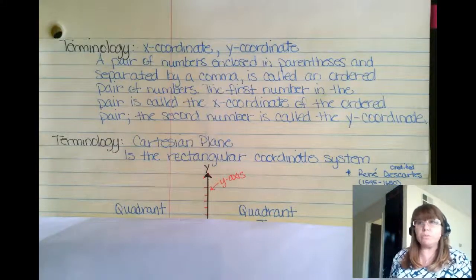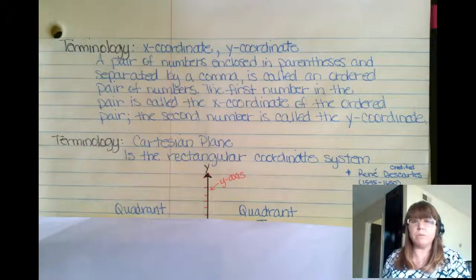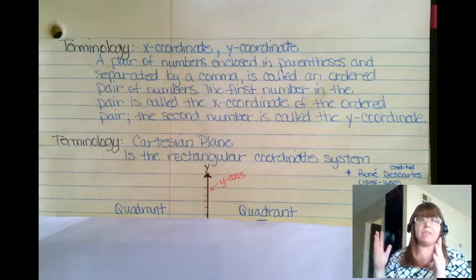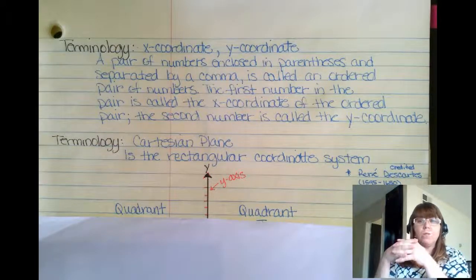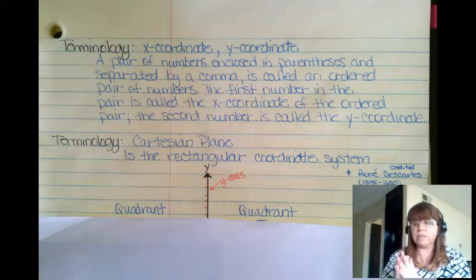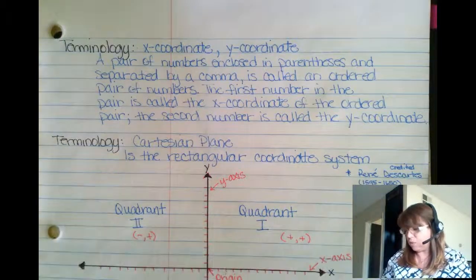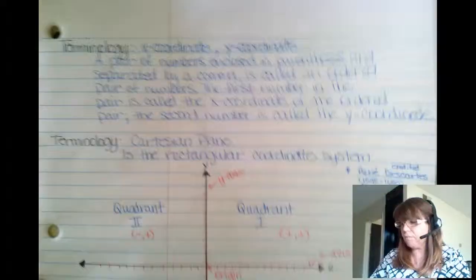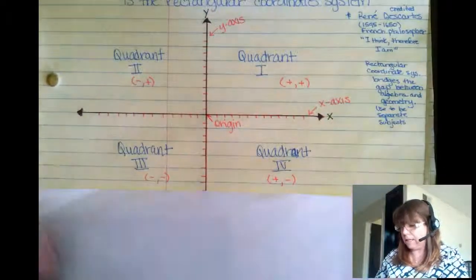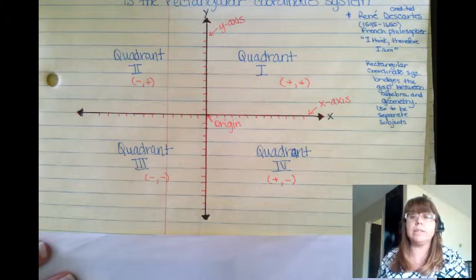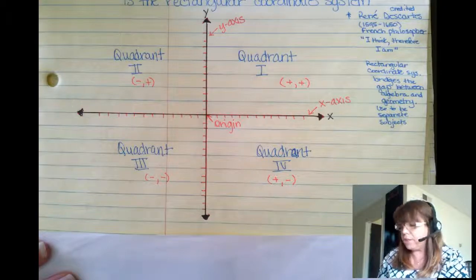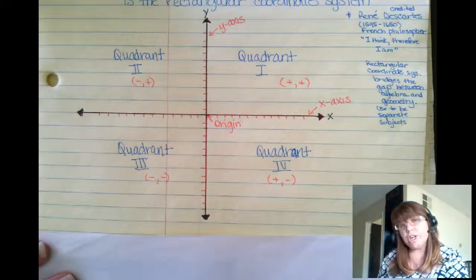The algebra group and the geometry group never really talked to one another, or they didn't think that their two math expertises could be combined. Well, René Descartes thought differently, and he came up with this coordinate system. It is the Cartesian plane, what we call it now, or the rectangular coordinate system. And it bridges the gap between algebra and geometry.